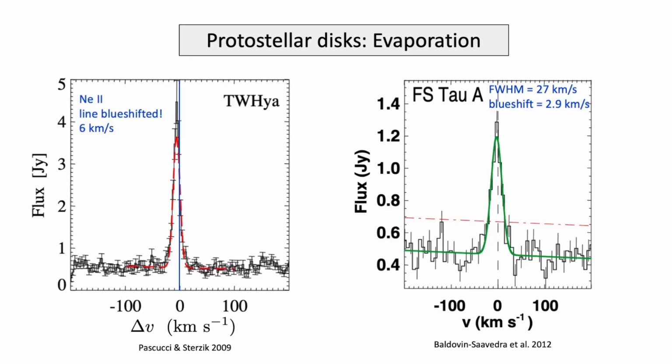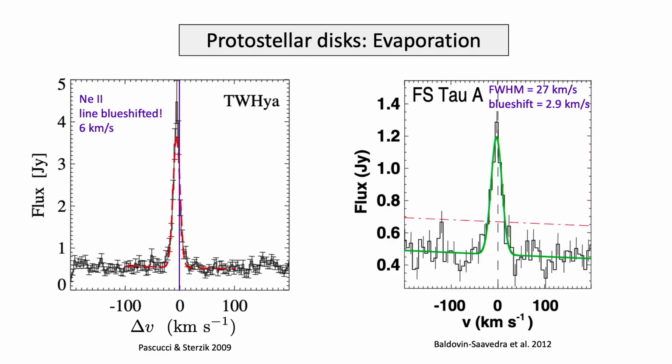These are spectral lines of ions, of a neon ion. A neon ion can form basically only if neon is irradiated by X-rays. So it has to sit at the surface of the disk. And if you look carefully, this spectral line of neon 2 should be centered. This is, of course, from a spectrum, and that's been translated into velocity, blue and redshift, because of the Doppler effect.